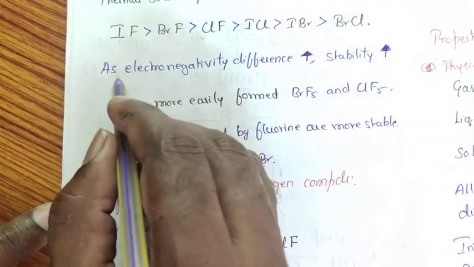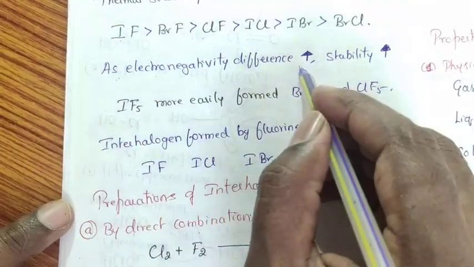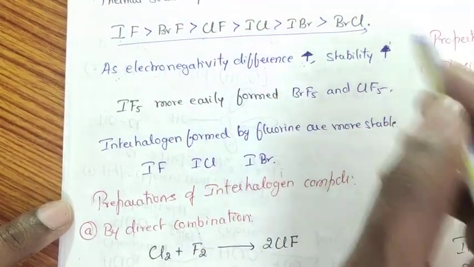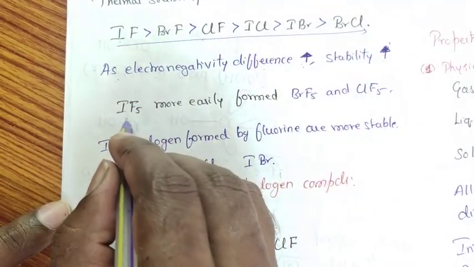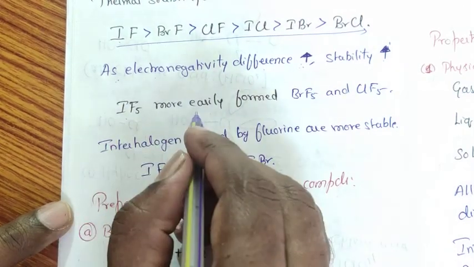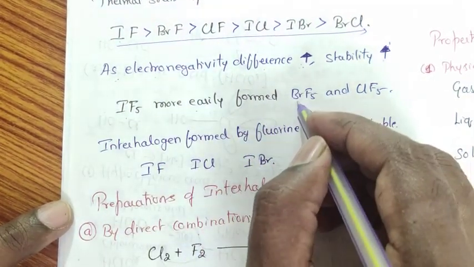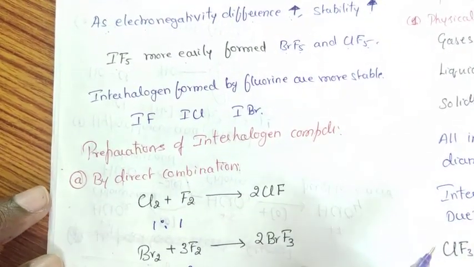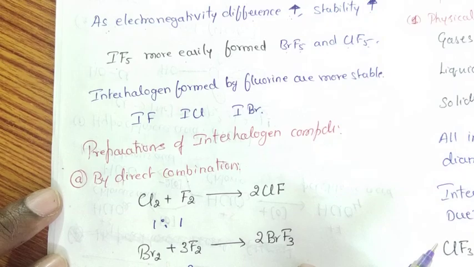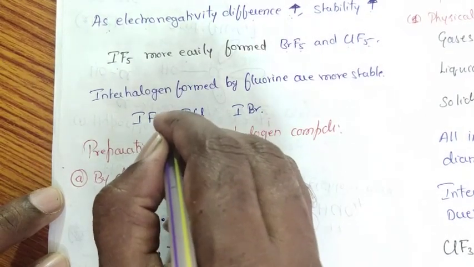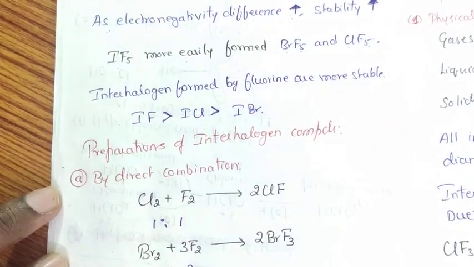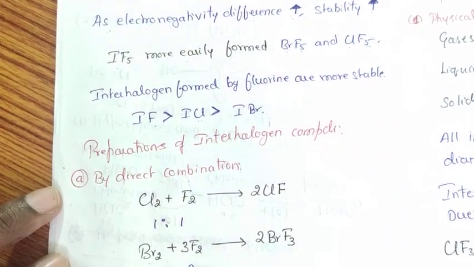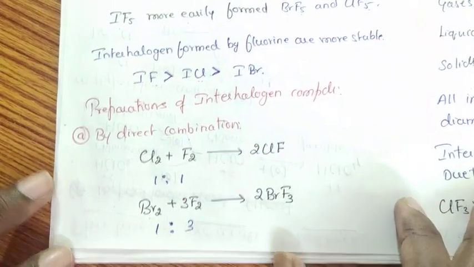And this thermal stability also depends on the electronegativity difference. From here to here, the electronegativity difference increases, therefore stability also increases. Hence, iodine pentafluoride is more easily formed when compared to bromine pentafluoride and chlorine pentafluoride. Interhalogen compounds formed by fluorine are more stable in nature, and this will be the stability order, because from fluorine to chlorine, chlorine to bromine, the electronegativity value decreases.